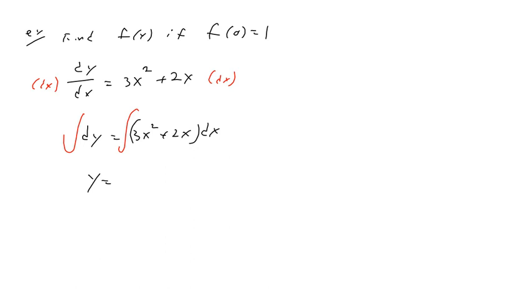It's going to be x cubed over 3 times 3, so the 3's cancel out. That's x cubed. And then this one is x squared over 2 times 2, so that's x squared, plus c. Yes, thank you. y equals x cubed plus x squared plus c. So this is the general solution.